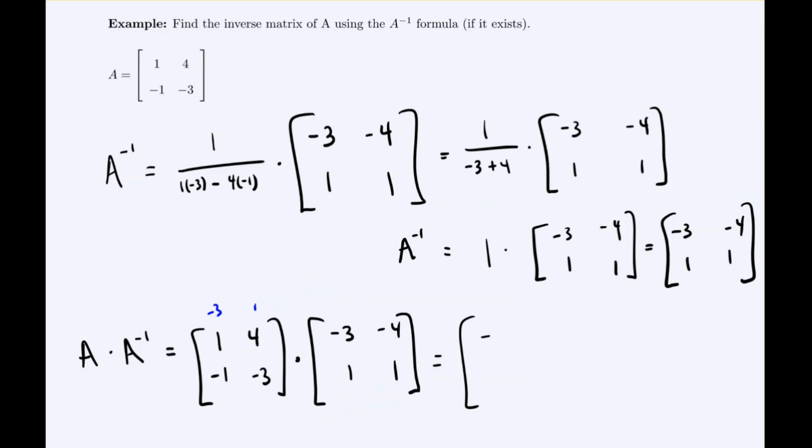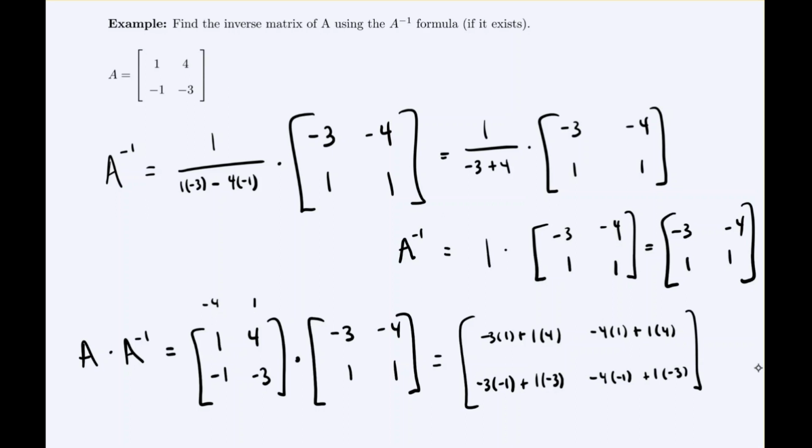That would give us negative 3 times 1 plus 4 times 1 plus 1 times 4. Next, negative 3 times negative 1 plus 1 times negative 3. Take the next column, bring that over. Negative 4 times 1 plus 1 times 4. Negative 4 times negative 1 plus 1 times negative 3.